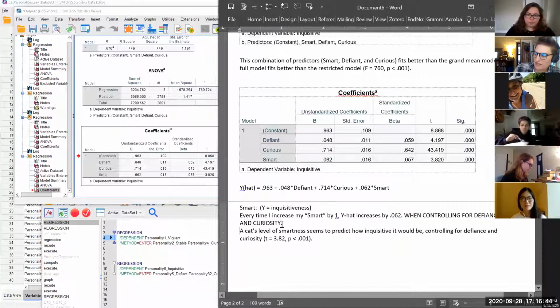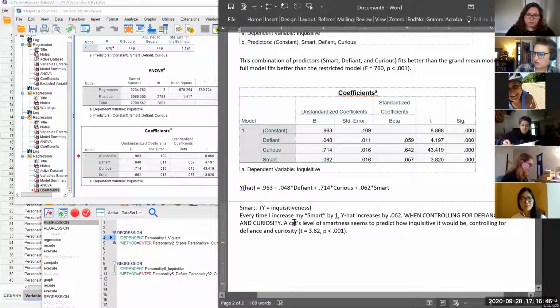And then a second statement that we came up with was that a cat's level of smartness seems to predict how inquisitive it would be, controlling for defiance and curiosity. Both of those are correct.